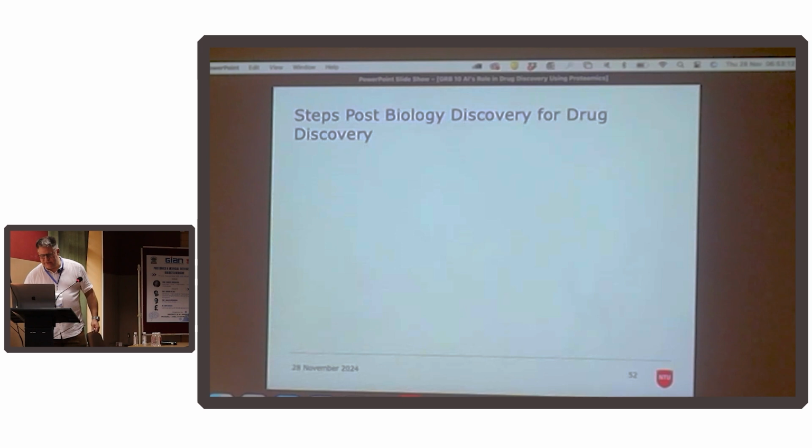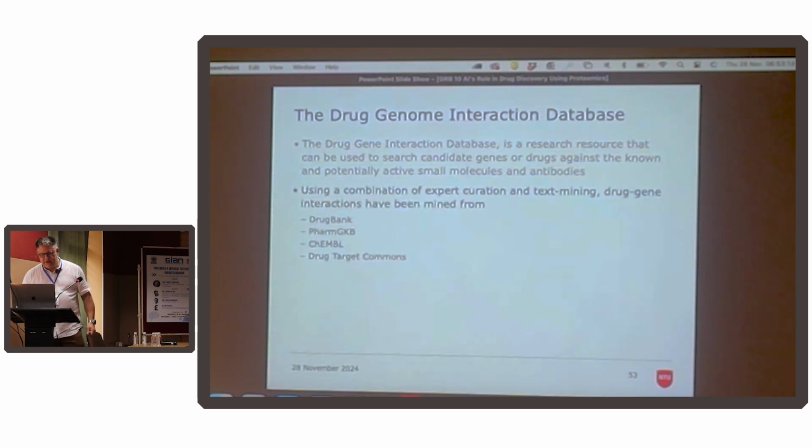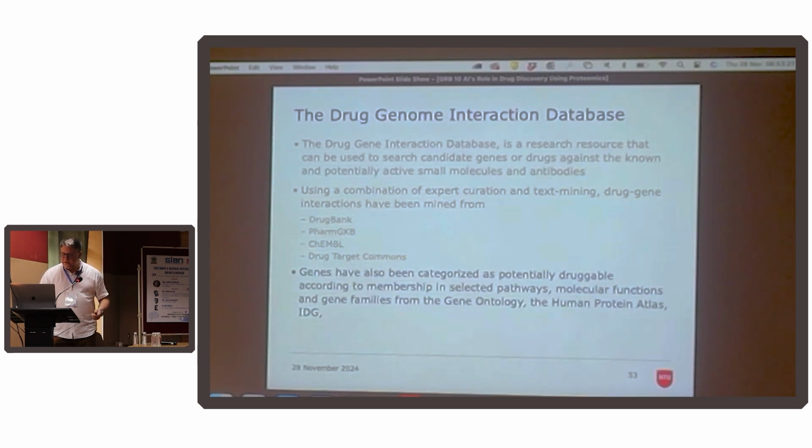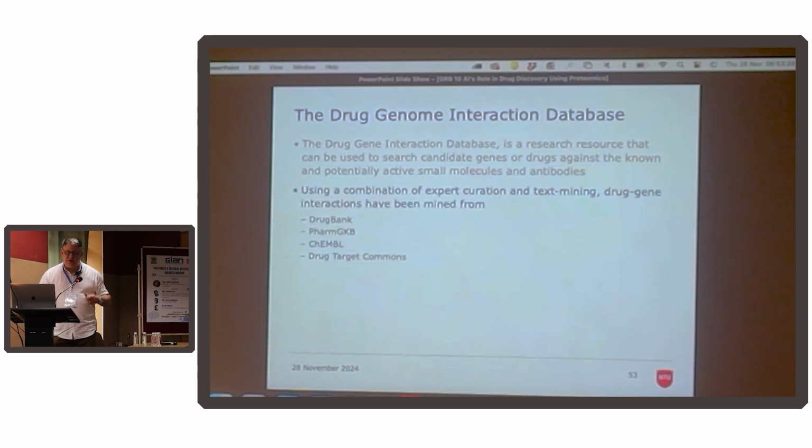So once we have a target, we can drop the target into DGIdb, the Drug Gene Interaction Database. That uses a combination of curation, so curated data sets and curated databases, and data mined from DrugBank, from PharmGKB, from ChEMBL, and from the Drug Target Commons.